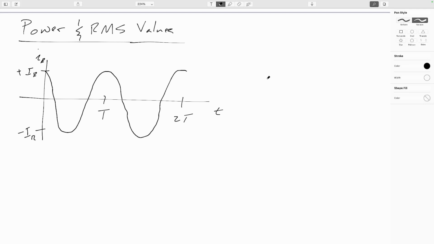If you were to look at this, you might ask, what is the average value of the current? If I just let it oscillate a whole bunch of times, on average, what's the current? Yeah, 0. Half the time the current's going one way, half the time it's going the other way.